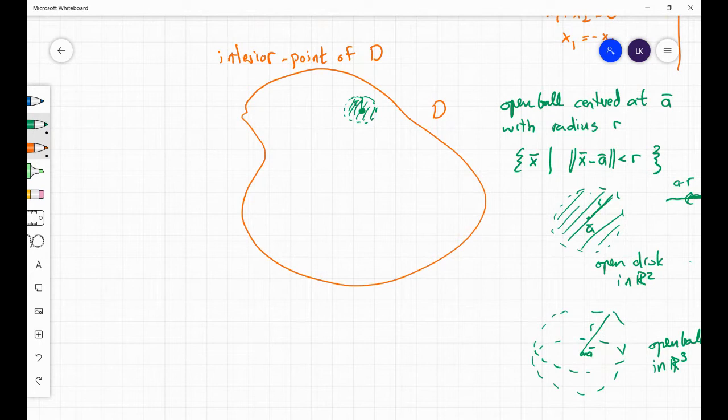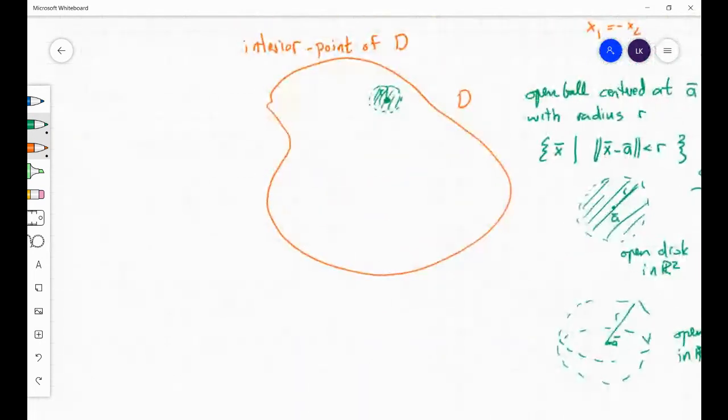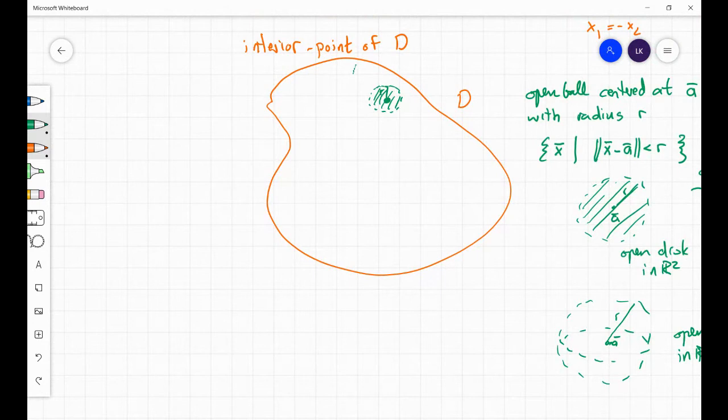Even if you get close to the boundary, you can still choose a ball small enough so that it's completely contained in the region. So you still have interior points when you get close to the boundary.